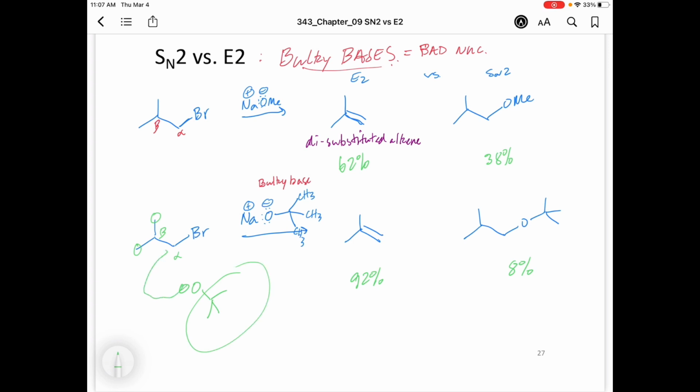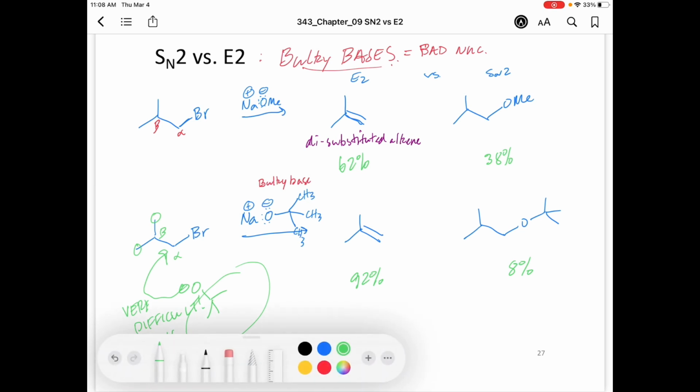For it to come and approach, this is very difficult for it to do. So that's why the SN2 isn't favored with this bulky base. We call this having steric clash or steric interactions that makes this undesirable.